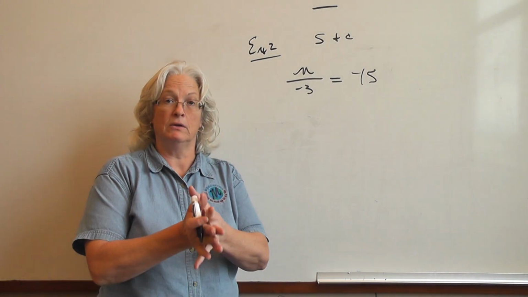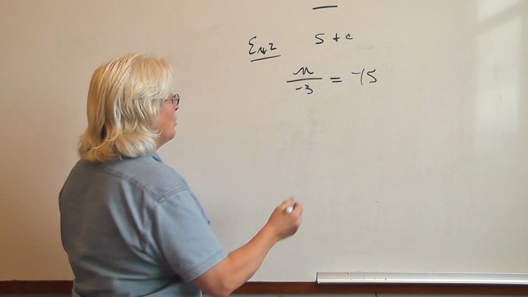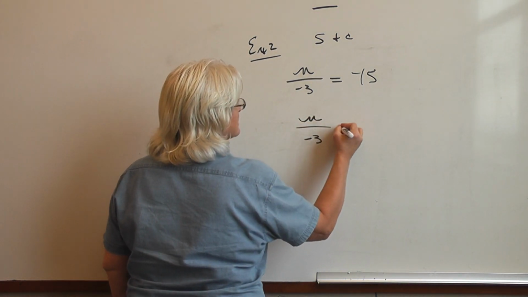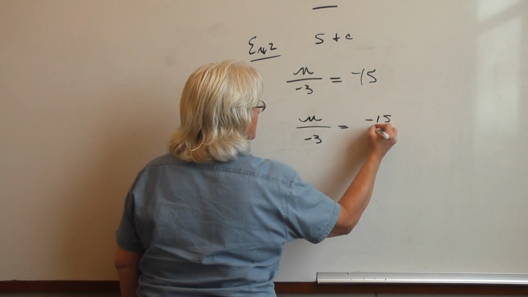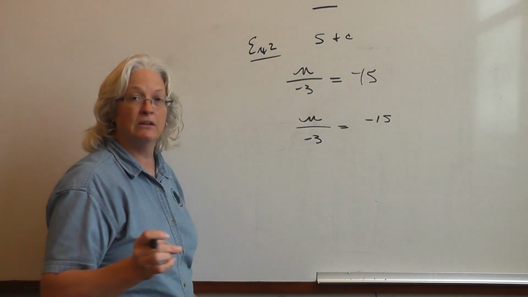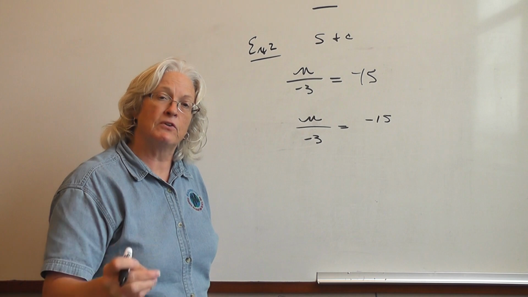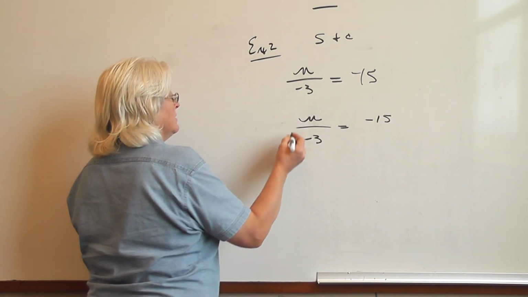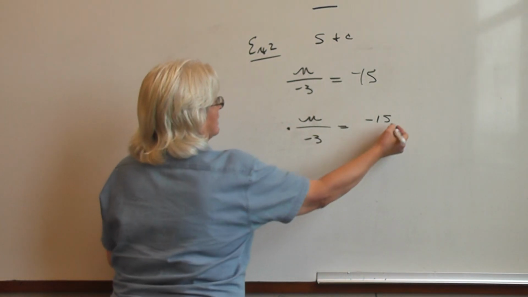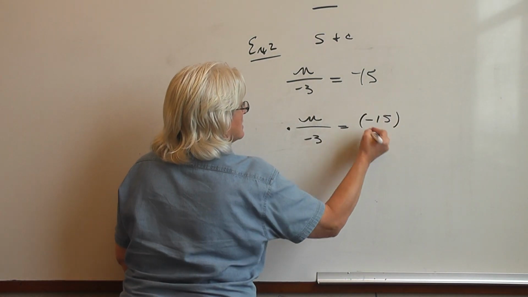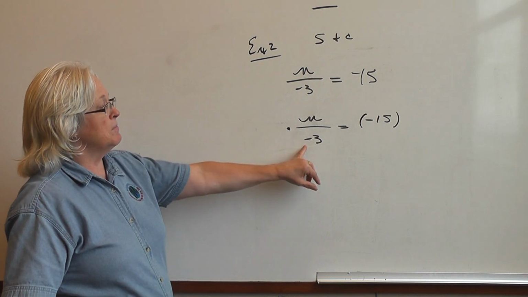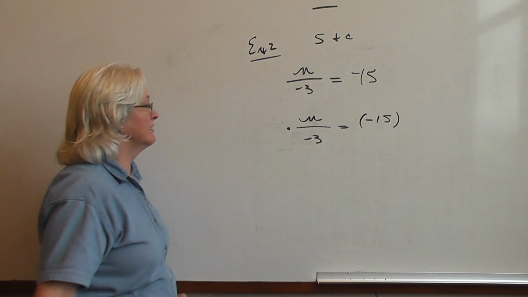What have we done with the variable here? Well, it has been divided not by a positive 3, but it has been divided by a negative 3. The inverse of division is multiplication. So we know that we're going to multiply both sides of the equation by something. We're going to multiply by a negative 3.